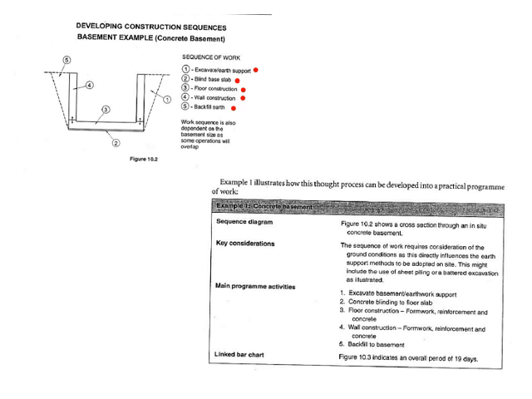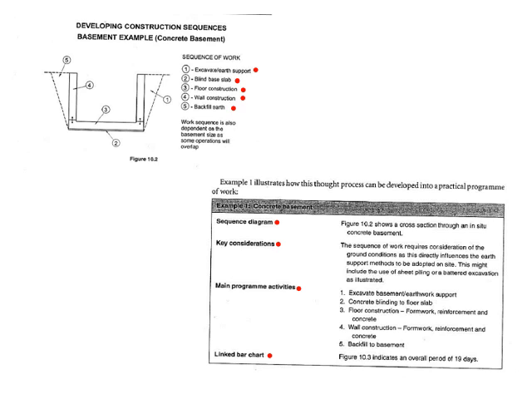Then they give an example illustrating how this thought process can be developed into a practical program. So you have your sequence, your key considerations, main program activities, and then your linked bar chart. It's that diagram that we've done, but put into practice.